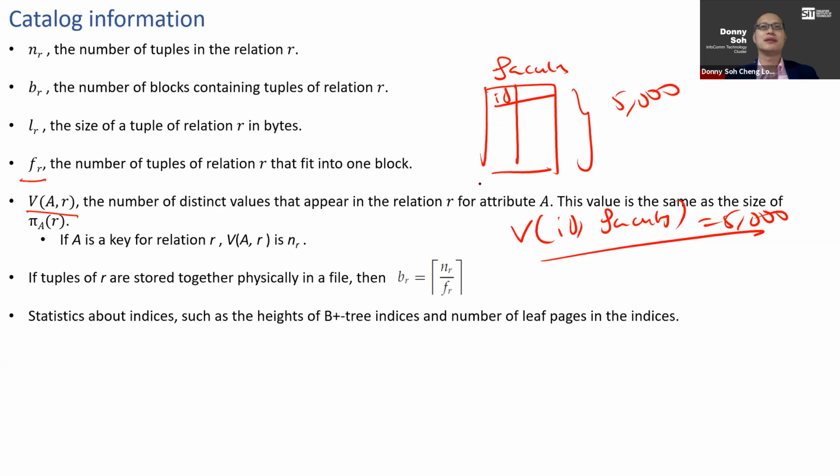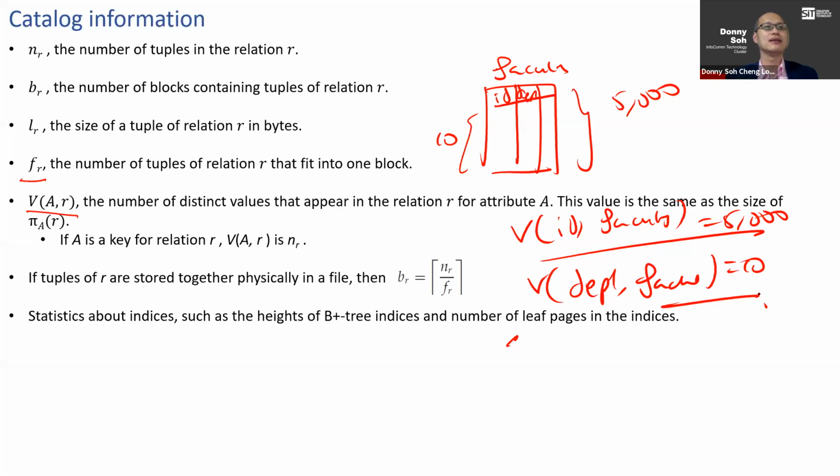If department, let's say there are 10 departments, so my V of department in faculty equals 10.